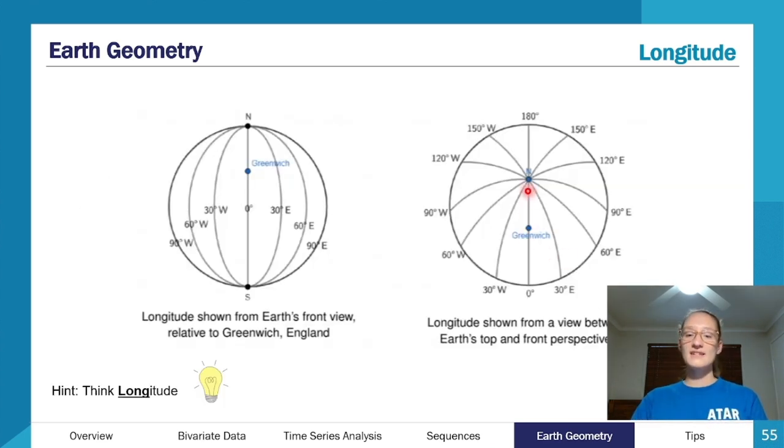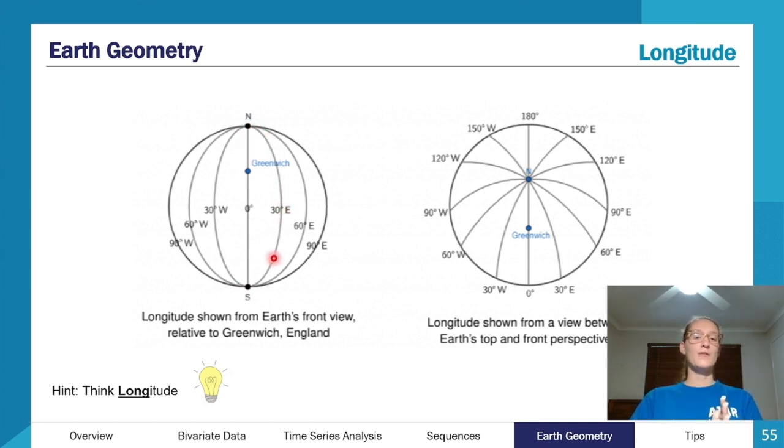So you can see here, this was a front-on view of the Earth. This is a top-down view, so it might take your brain a second to wrap around what we're looking at. Here we have our prime meridian, our 0 degrees.